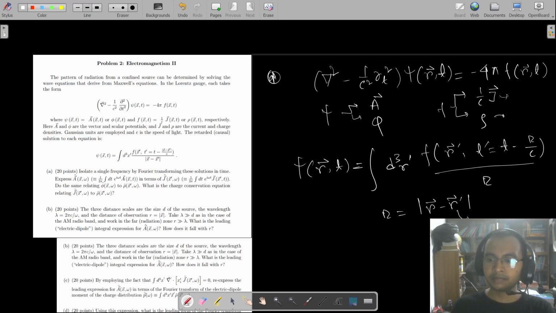So r prime belongs to the source, and r is the observation point. Okay, and this equation is given in the question here. We just want to use it, and trust me, we're going to use it heavily.